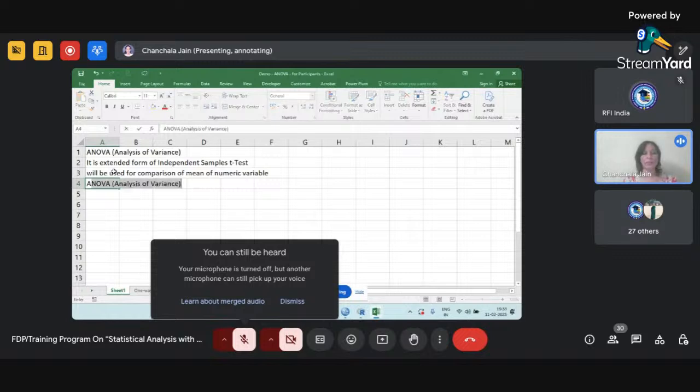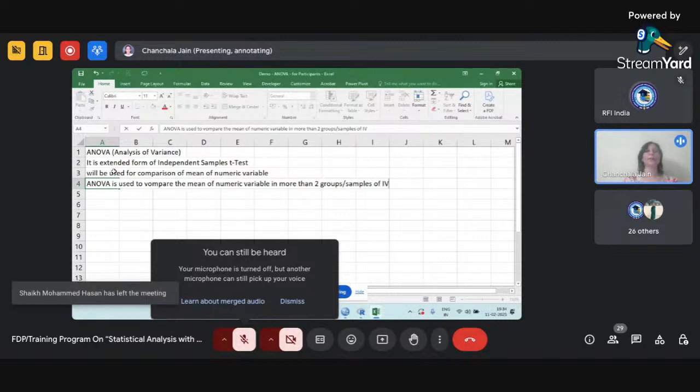So ANOVA can help you compare the mean of a numeric variable in more than two groups or samples of the IV, independent variable.